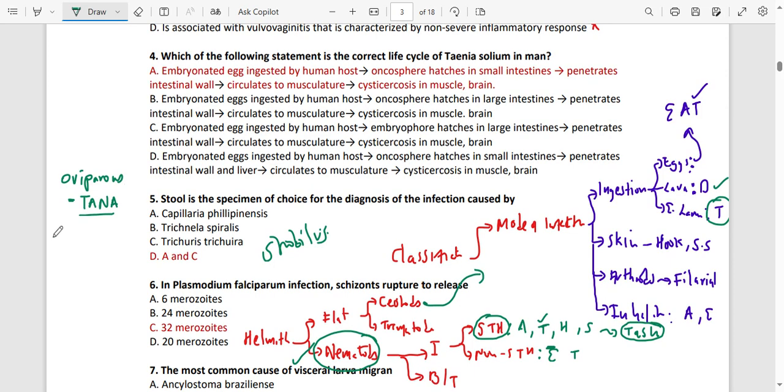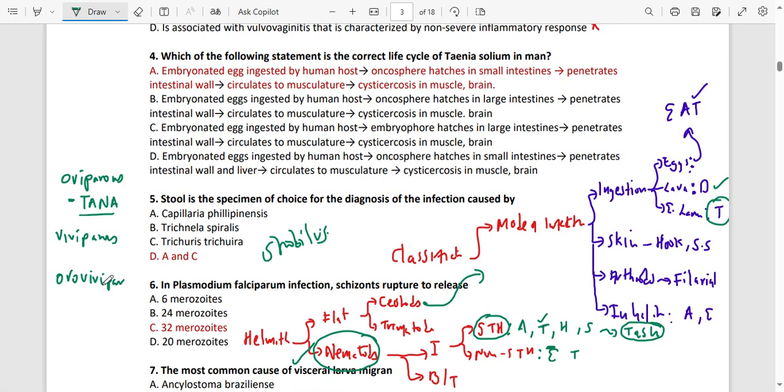And then you have got some which are viviparous. Viviparous ones produce larvae, not eggs. Here you have basically any other worm other than this TANA. But before then you have got a combination of oviparous and viviparous, and that is known as ovoviviparous.